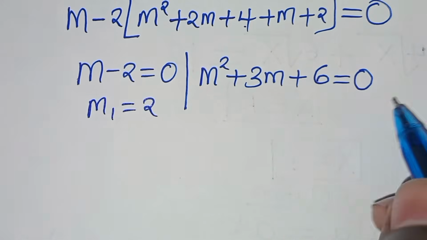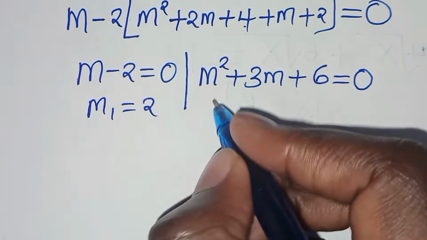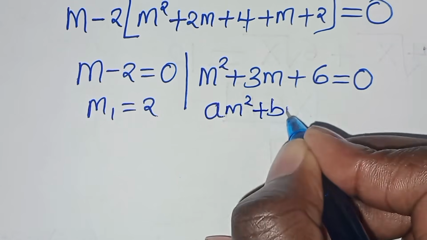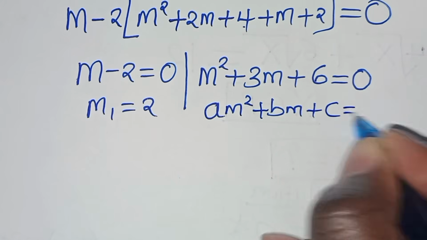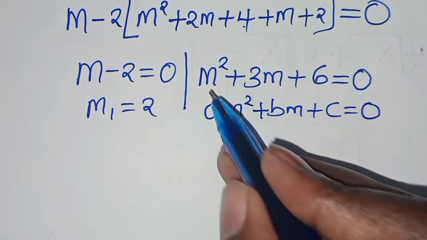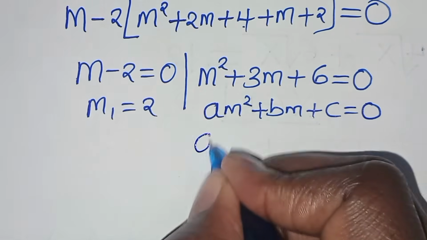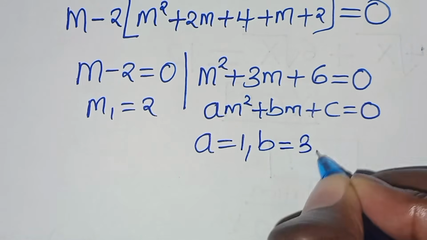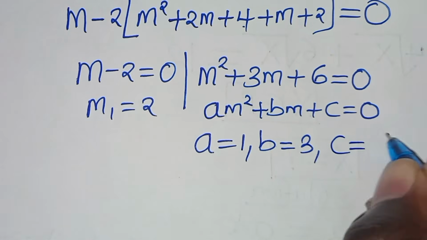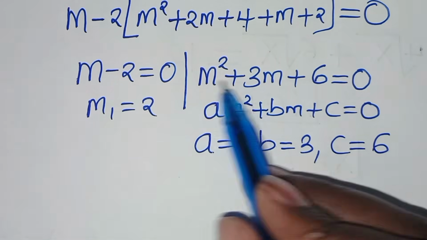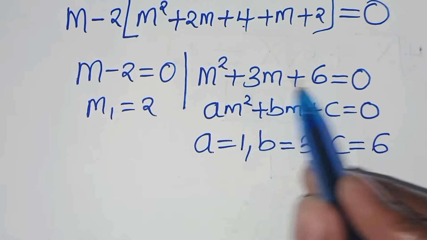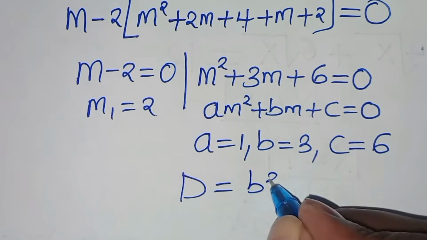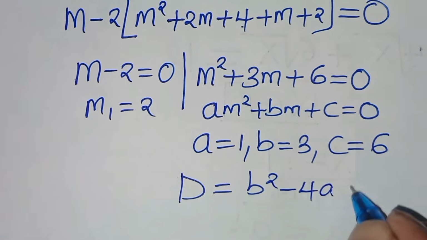The second part here is a quadratic equation of the form am squared plus bm plus c equal to 0. From this quadratic equation, a is equal to 1, b is equal to 3, and c is equal to 6. So let's assess the nature of this quadratic equation by determining the discriminant, which is b squared minus 4 times a times c.